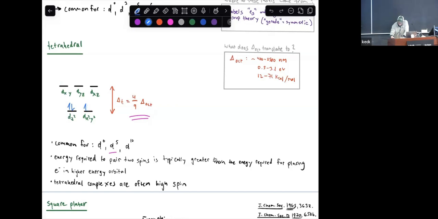So you see what I did just then was to fill up according to Aufbau first and Hund's second, but the other way to do it would be to do Hund's first and Aufbau second. And so the extent of splitting energy here dictates how you will fill up these electrons. And so this would be a case of d5 high spin, quote unquote high spin, where the splitting energy is low. And then what I drew the first time would be the alternative, which would be considered low spin.